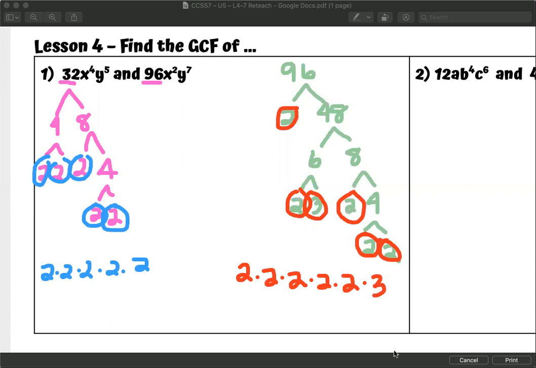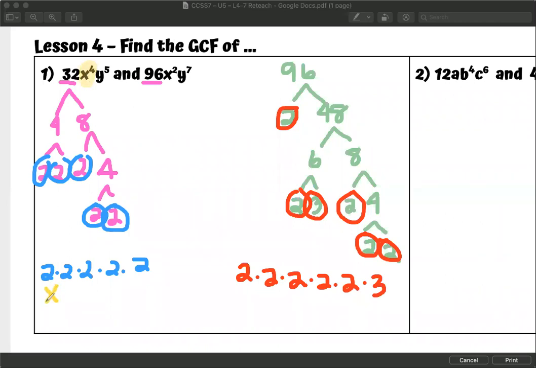Then we're looking at their variables. So you might be able to do it without listing it all out, but it could be helpful to list them. So if we have X to the 4th, that means we have 4 X's.